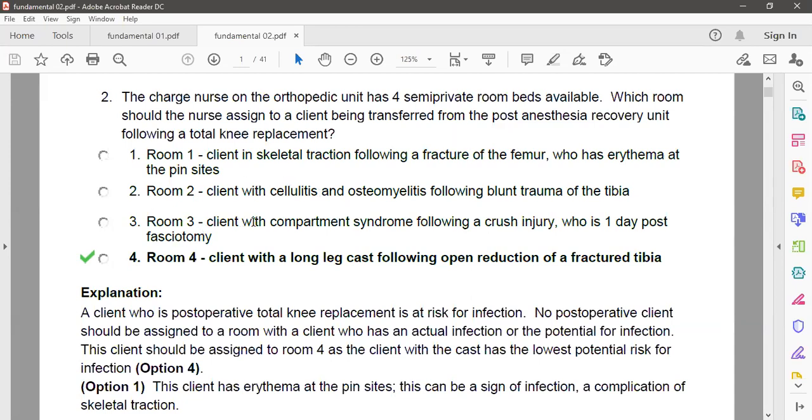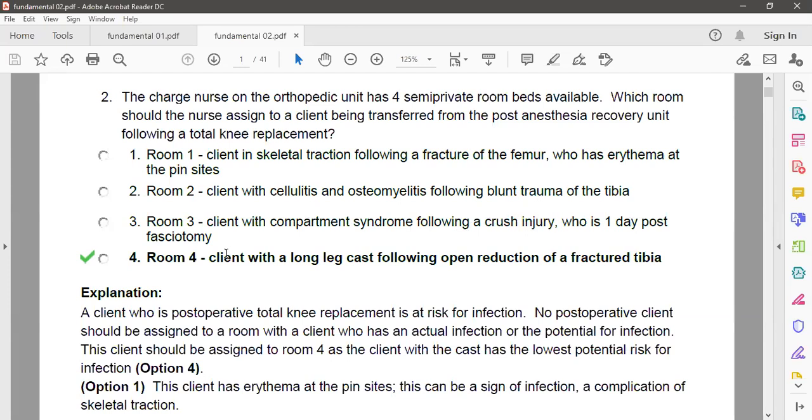Number 3, the client with compartment syndrome following an injury, who is one day post fasciotomy. Okay, compartment syndrome following a crush injury.